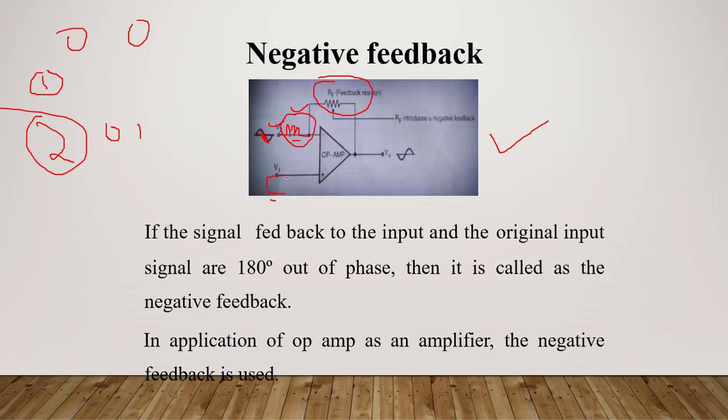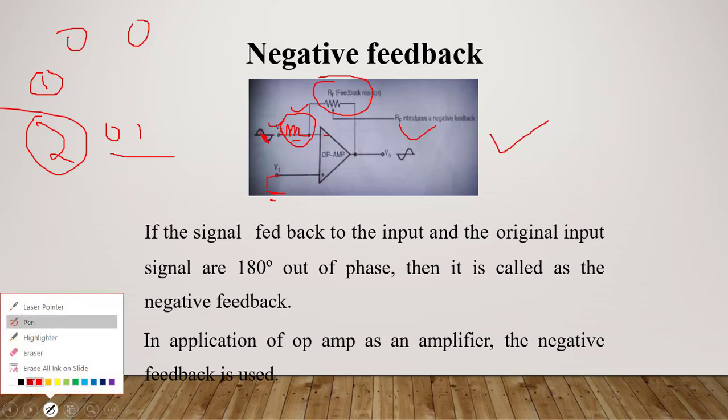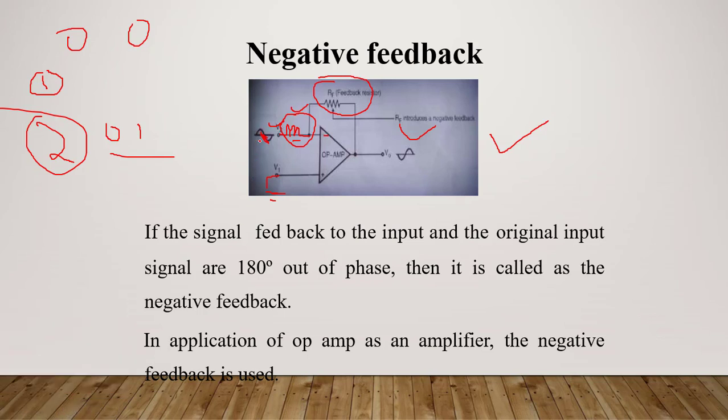Now if you are using it as an inverting amplifier, the 0 portion goes to the positive, so grounded, and 1 is given to the minus portion here. So this is the circuit diagram for the inverting amplifier. And what is the non-inverting amplifier? Listen carefully, don't change this resistor.